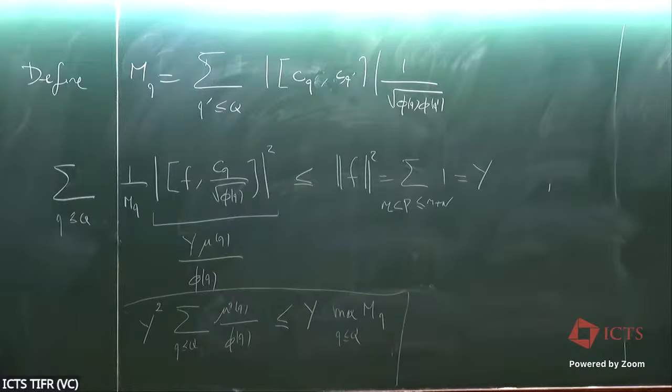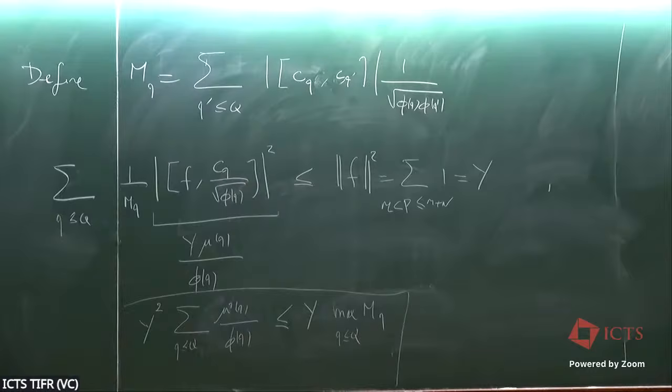It is less than the max of M of Q for Q less than capital Q, which is the max for Q less than capital Q of the sum for Q prime less than capital Q of the sum over n in my interval m plus n of CQ of n, CQ prime of n upon phi of Q, square root of phi of Q prime.